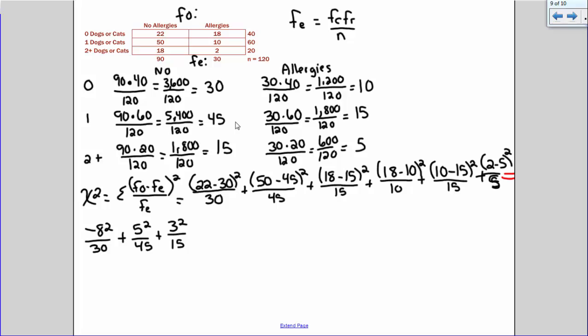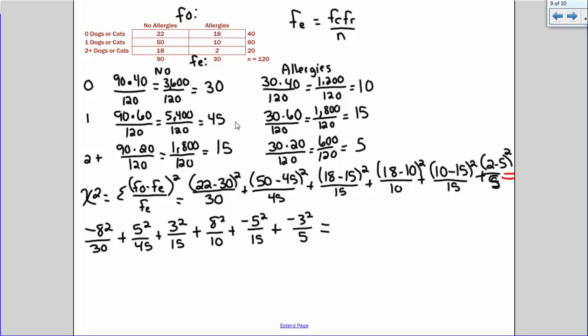So I'm just solving for the parentheses right now. Plus 8 squared divided by 10 plus negative 5 squared divided by 15 plus negative 3 squared divided by 5.